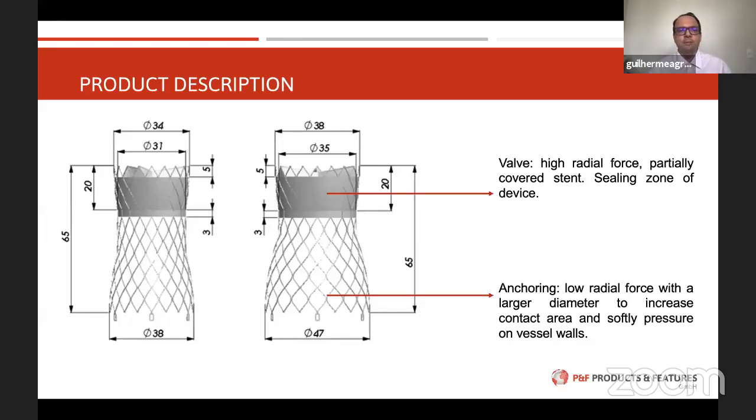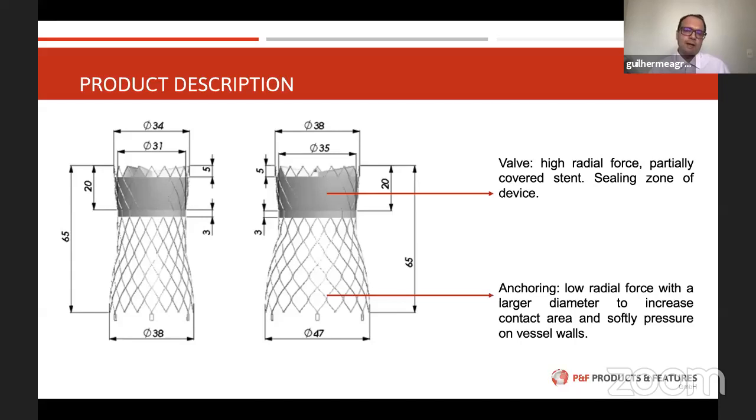Here we see the dimensions of the stents. In most of the cases, we need to adjust precisely the position of the upper part to avoid a protrusion inside the atrium and possible conflict with the septum wall, and we cannot put it too low, to avoid obstruction or occlusion of the hepatic vein.